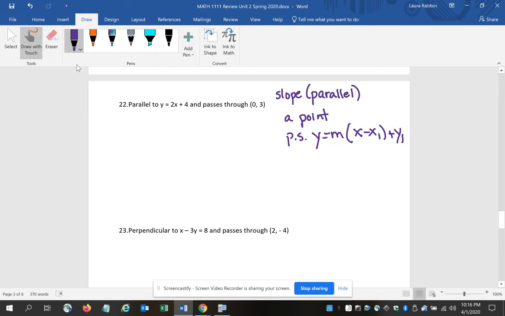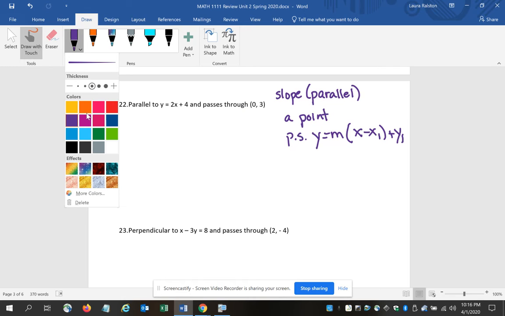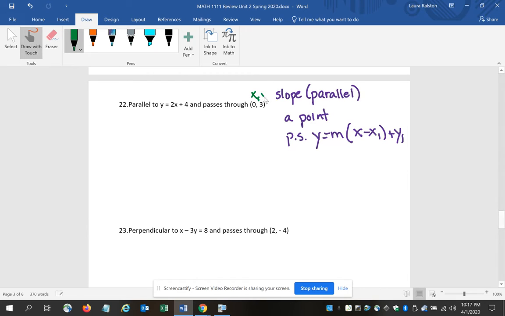Okay, so we have our point. They give us the point as (0, 3). So this would be my x1, y1. So I need to determine the slope, specifically the parallel slope. And what you have to remember is that parallel lines have the same slope.